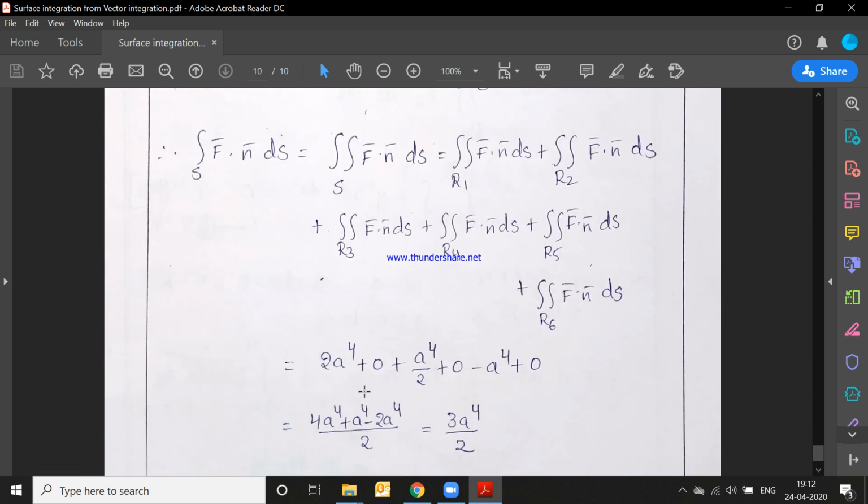So that is 2a power 4 plus 0 plus a power 4 by 2 plus 0 minus a power 4 plus 0. Then simplify it, LCM is 2, we get 3a power 4 by 2.